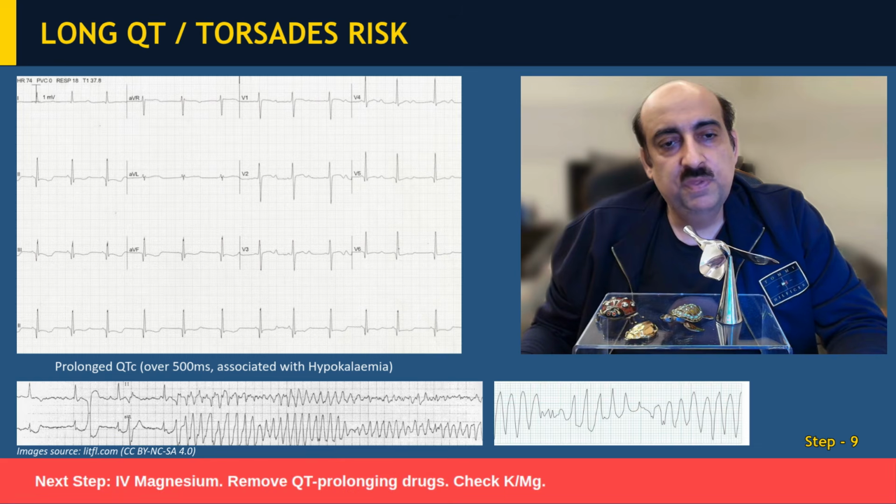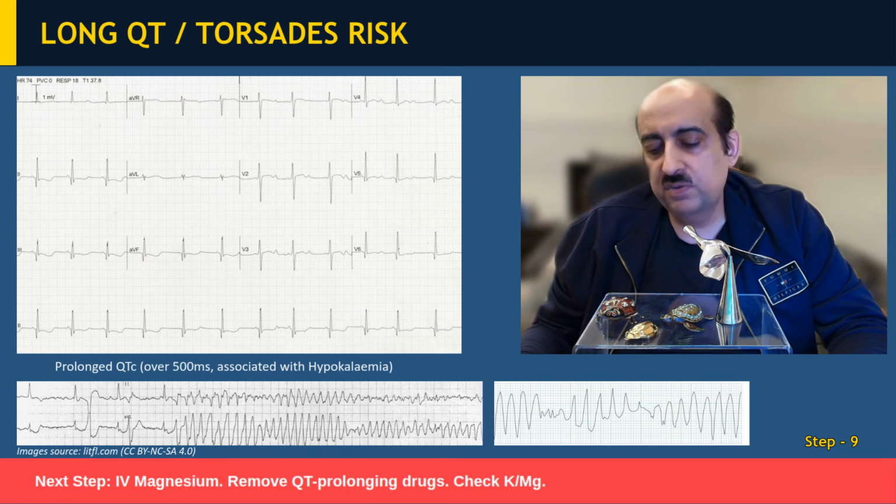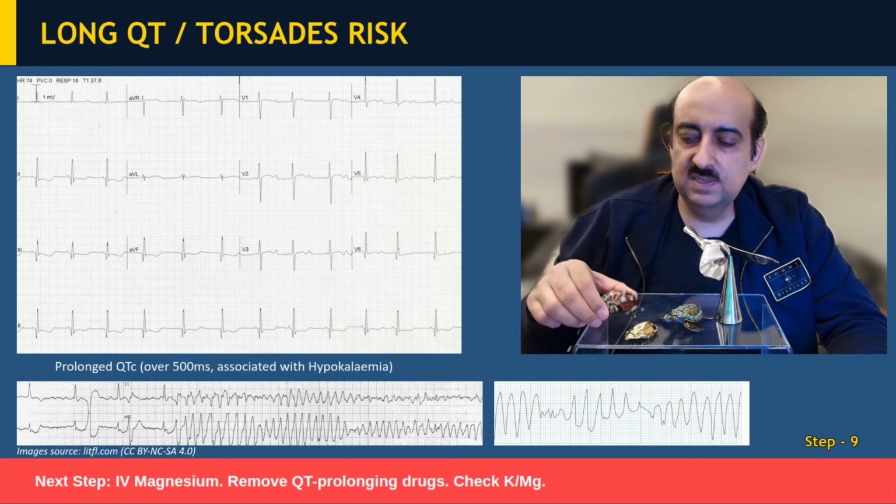So when the depolarization wave is superimposed on a repolarization phase, that degenerates into a malignant polymorphic VT. In this situation, you can see the degeneration, and eventually it can also lead to sudden cardiac arrest. So the key steps will be intravenous magnesium, removing the QT prolonging drugs, checking and correcting all the electrolytes.